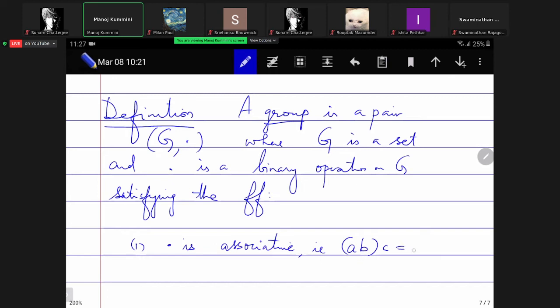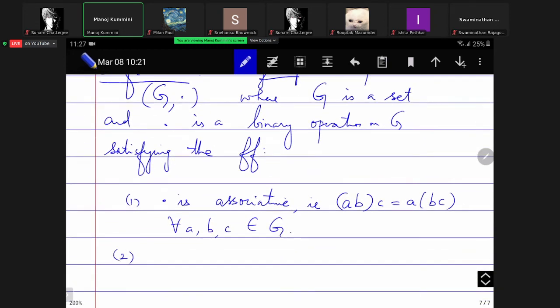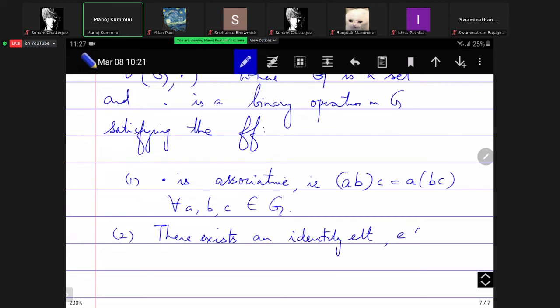So this is the same thing as ABC, for all A, B, C inside G. Two, there exists an identity element E inside G, that is, for all A inside G, A times E is E times A is A.